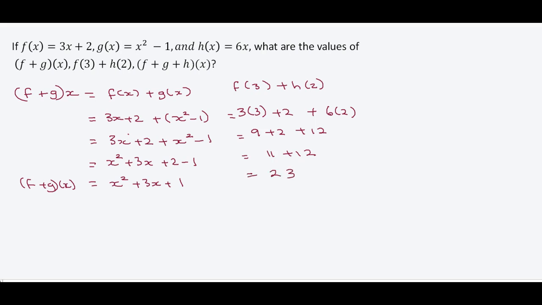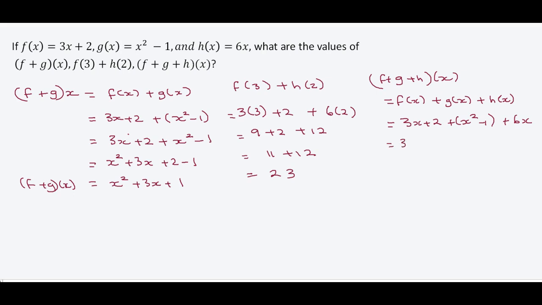And then finally, f plus g plus h of x is going to give us f of x plus g of x plus h of x, which is 3x plus 2 plus x squared minus 1 plus 6x.